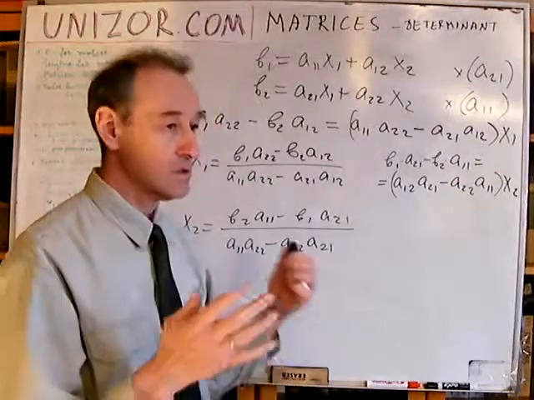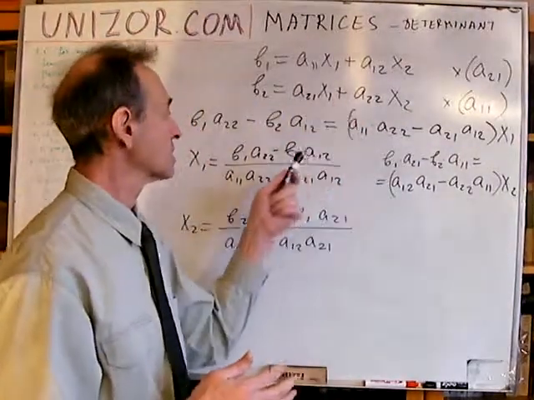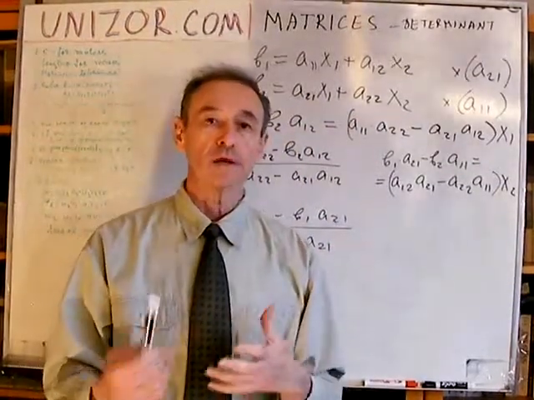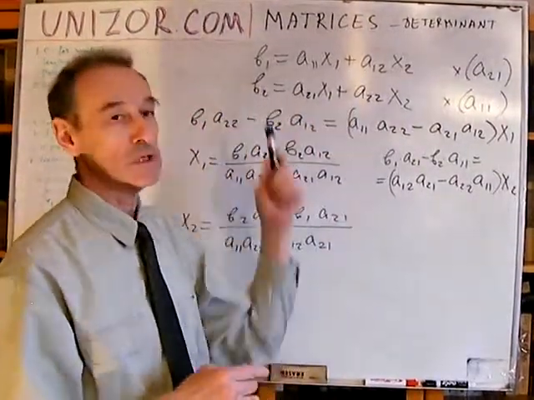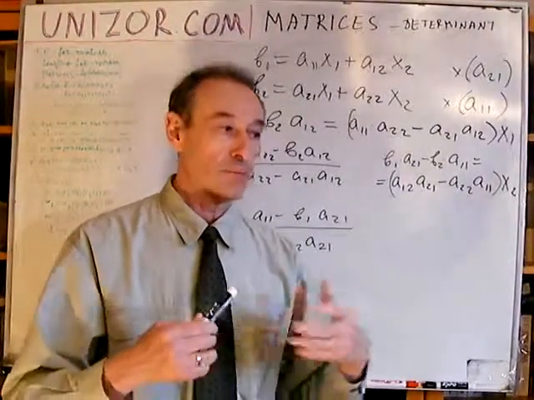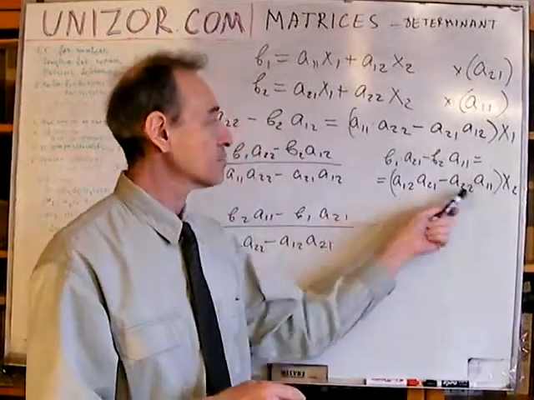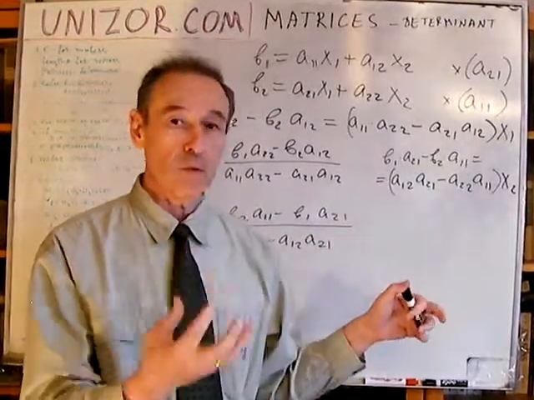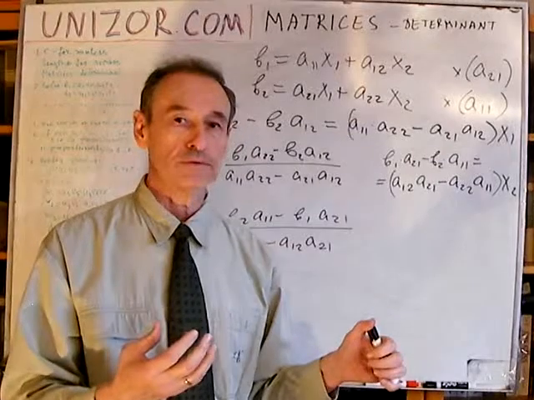Now, let's not forget that this matrix a11, a12, a21, a22 determines the transformation from X to B, right? So the transformation is not really a good transformation if this expression is equal to 0. So this determines the quality of the transformation itself.